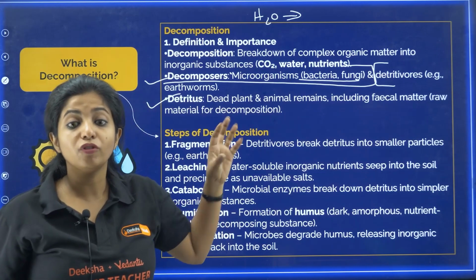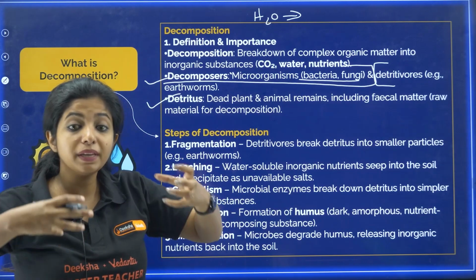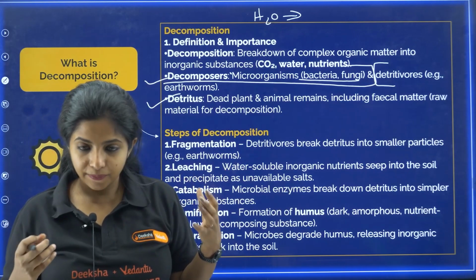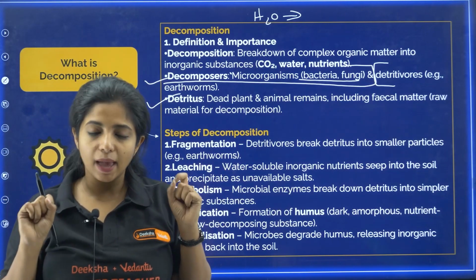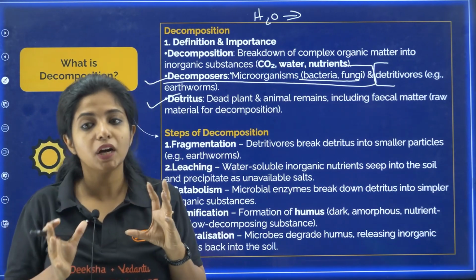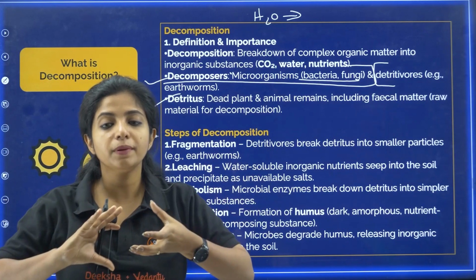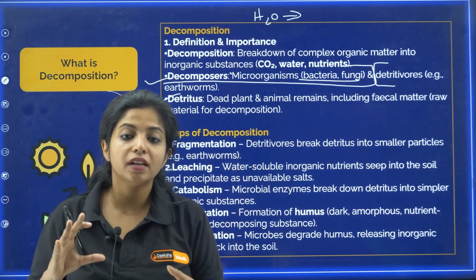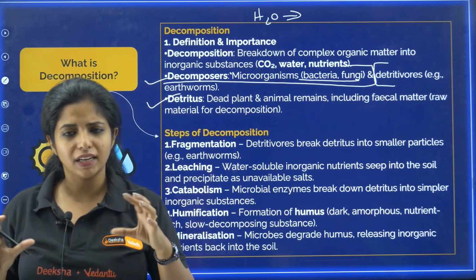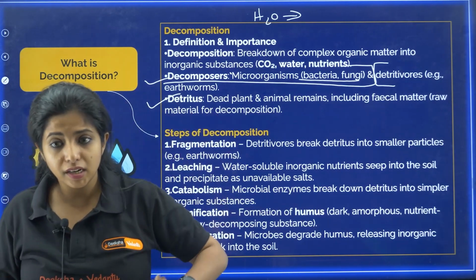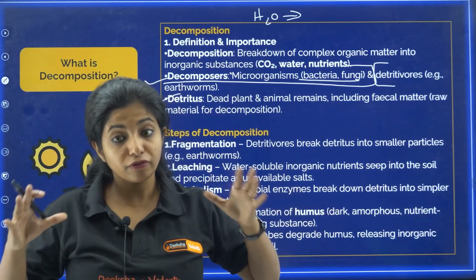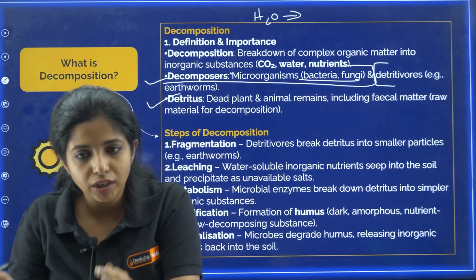So detritivores are the ones that would be feeding, eating on the dead and decaying matter. There's a difference. They are going to help in the breakdown of certain things, my dear children. Detritivores help in the breakdown of that dead and decaying matter, but the rest of the things would be done by the microorganisms, that is decomposers, which will finally break down the organic matter into inorganic things.